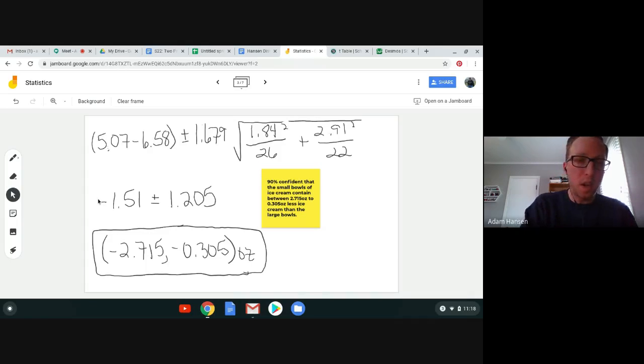Now, because this confidence interval is strictly negative, because 0 is not in this confidence interval, our data shows that there is a difference in the amount of ice cream between the large and small bowls. People are generally putting less ice cream in the smaller bowl than in the larger bowl.